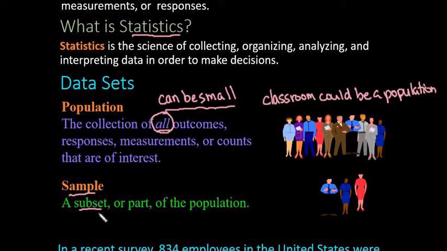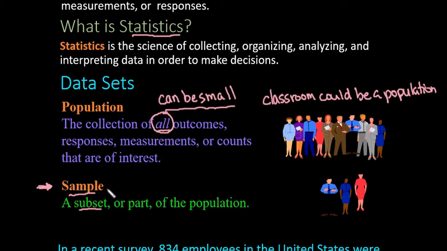So you have to be very, very careful about making sure that your sample is a subset of the population of interest for you. You can never take a sample of something that is not representative of the entire population and then try to make a general conclusion about everything.